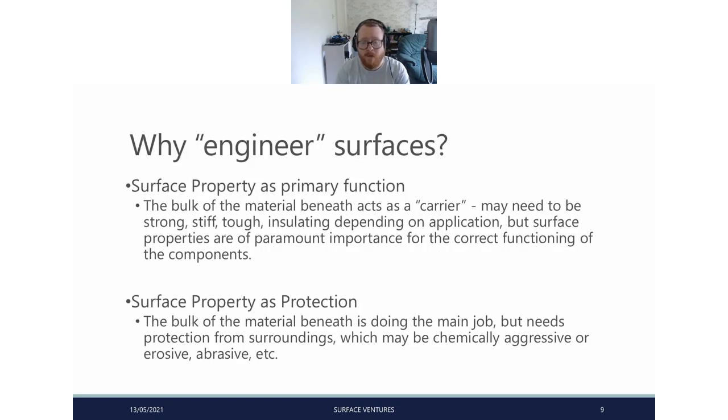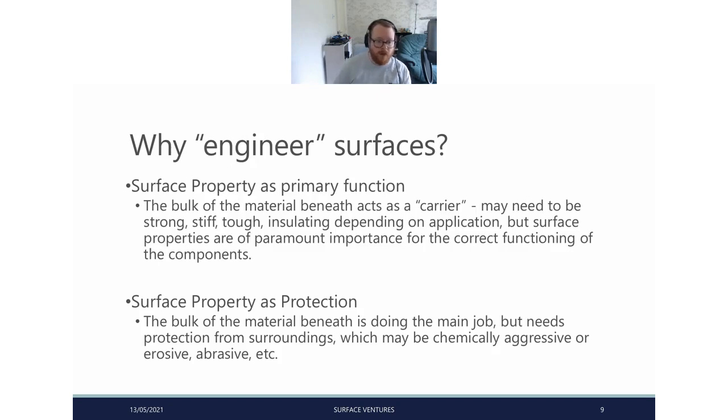So why do we engineer surfaces? So two main things. To achieve a different surface property is the primary function. So effectively, look at that as the bulk material is just what's supporting, what's carrying the surface, but the actual surface itself is the primary function of whatever the device is.